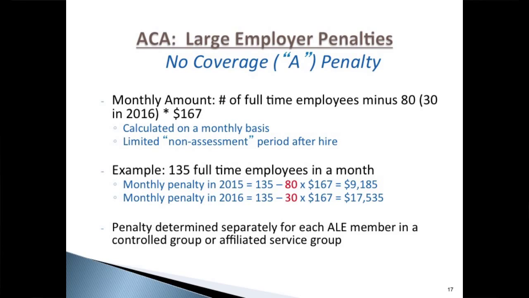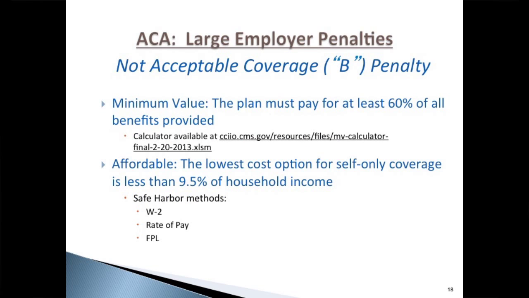So here's just a little bit more information on the A penalty, how to determine it, and then here's information on the B penalty again. That it's coverage that doesn't provide minimum value, so it doesn't cover a lot of things, and it's not affordable.